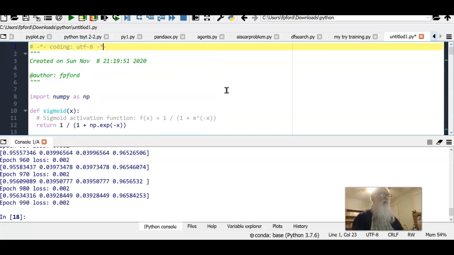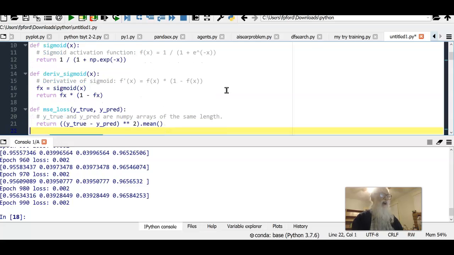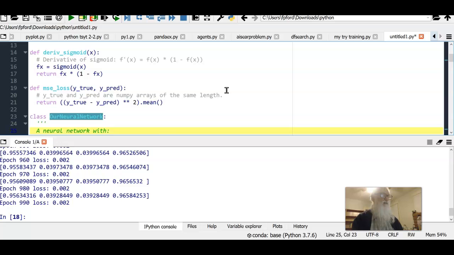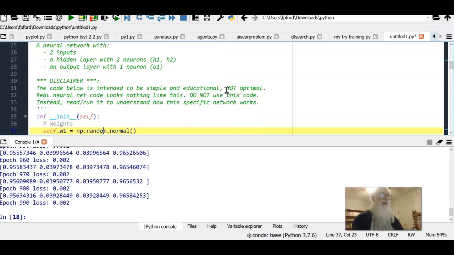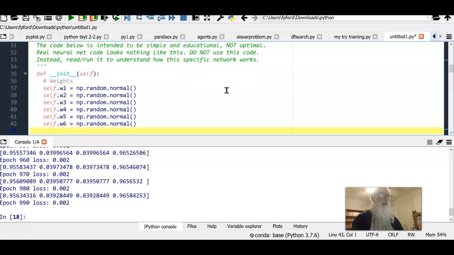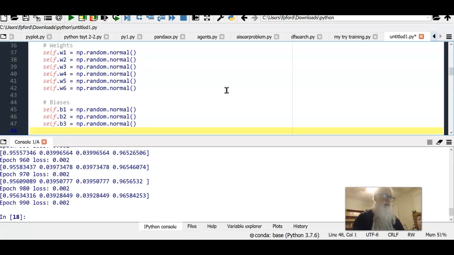And again, after you do all the definitions of what you need here, and there's the definition of the loss, you have to build in what you need. There is the way they pick the random numbers, the weights. They make them totally random based on the normal distribution. And they do the same thing for the biases.